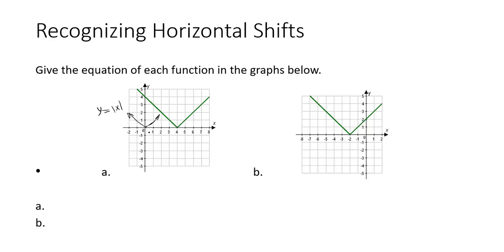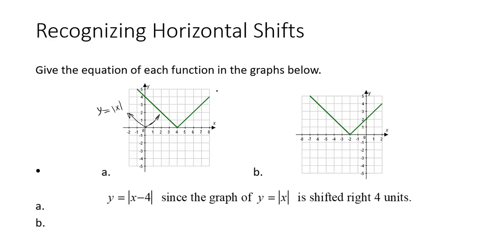Looks like we're shifting to the right 4 units. So remember, when we shift to the right, that would be y is equal to absolute value of x minus 4. Again, this minus is part of the formula. This is the amount that you're shifting. Your c, or the constant that you're shifting by, is plus 4. We're moving 4 units to the right. So the equation would be y is equal to absolute value of x minus 4.